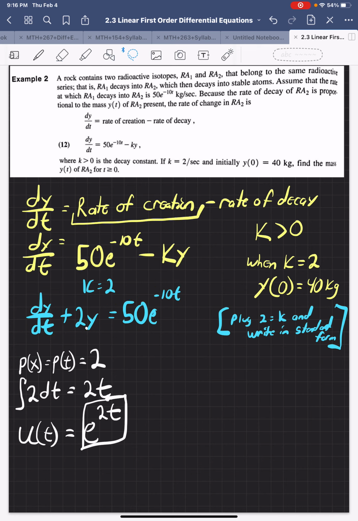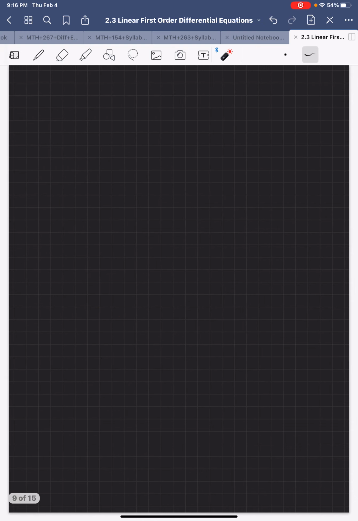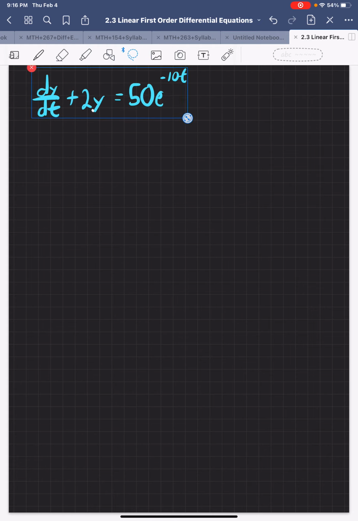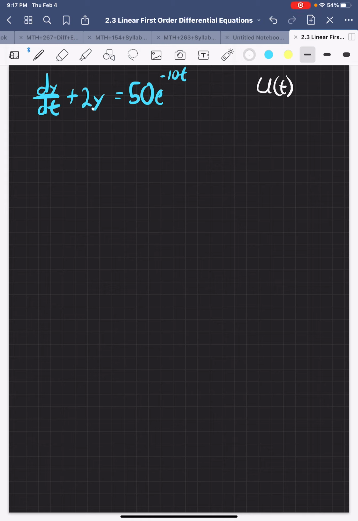And of course what I'm going to do is take this e to the 2t and distribute it to that differential equation. Ready? So let's go ahead and do that now. U of t is equal to e to the power of 2t. All right, so let's go ahead and distribute e to the power of 2t.